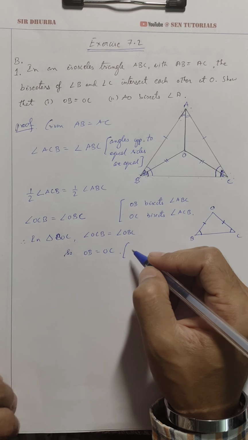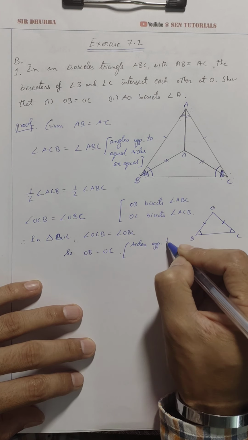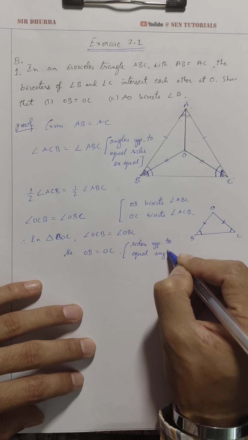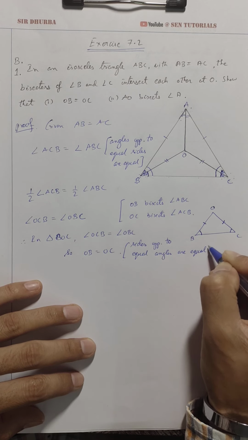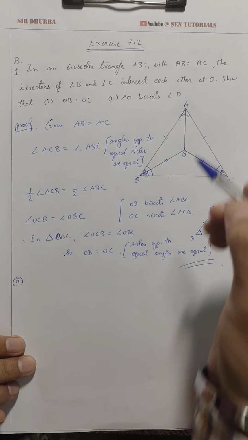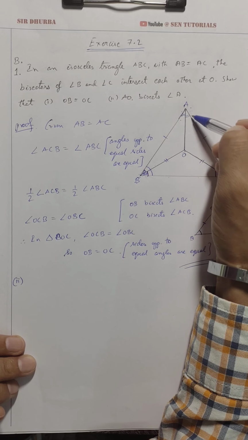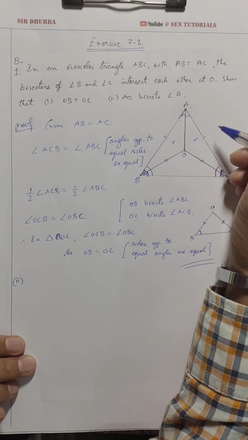So OB is equal to OC. Reason, the second one: sides opposite to equal angles are equal. Proof, second one: AO bisects angle A. Here I'll try to prove that these two triangles are congruent.